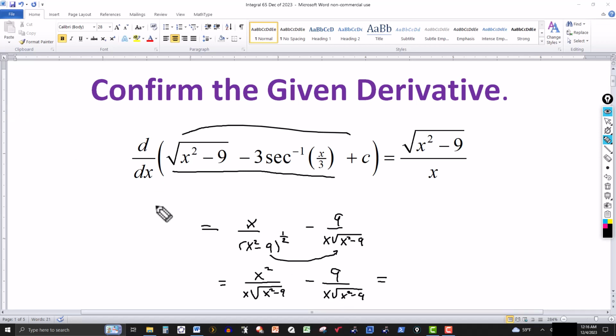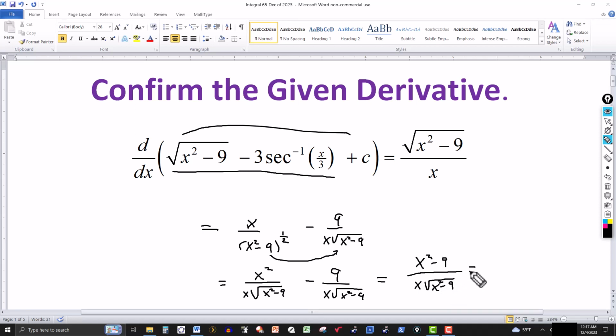So now I have the same denominator: x squared over x times the square root of x squared minus 9, and then minus 9 over x times the square root of x squared minus 9. Let's put this as one expression: x squared minus 9 over x times the square root of x squared minus 9.